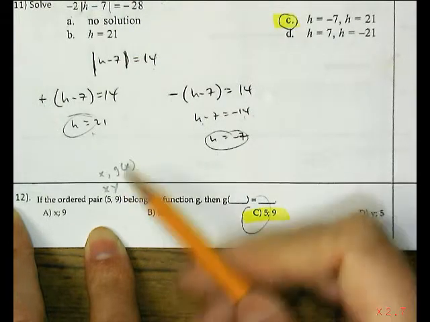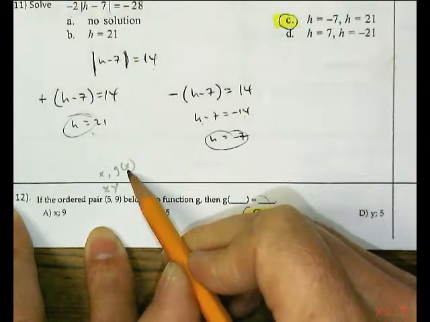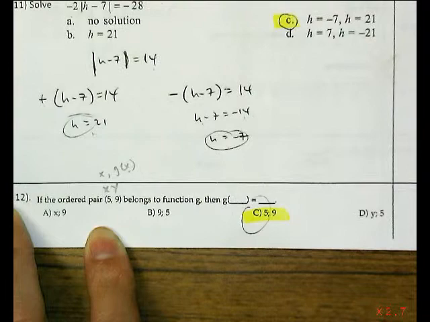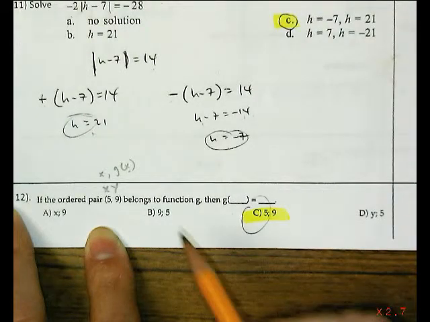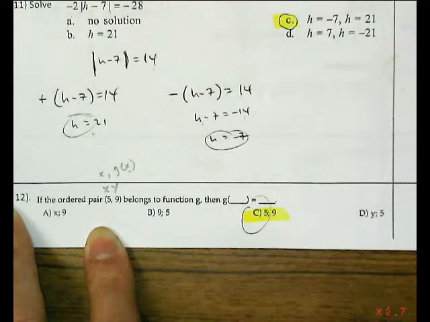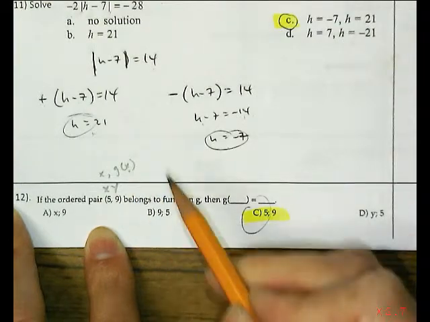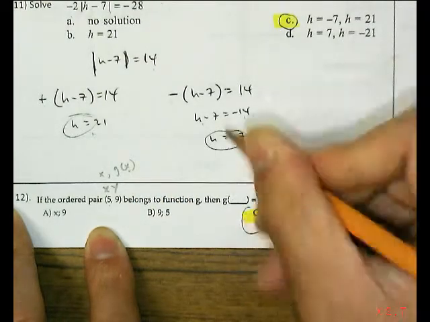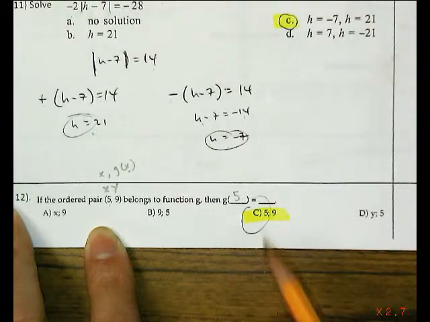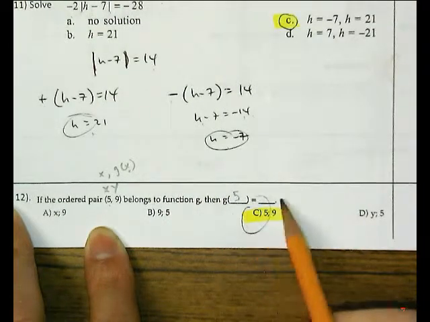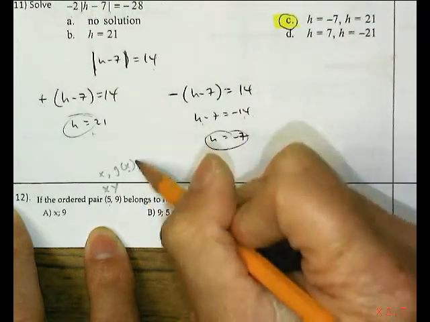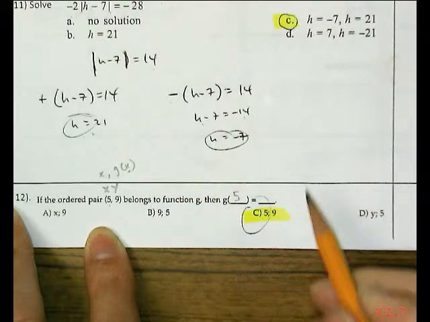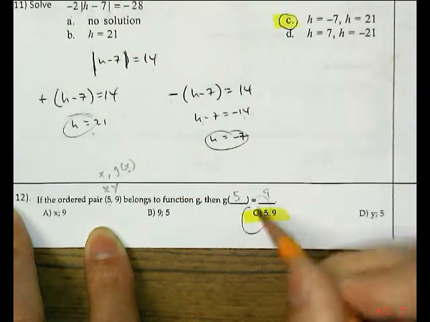Now in function notation, inside the parentheses is your x value, and then your g of x represents your y value. So your x value in this case is 5, so 5 goes in here. Now all of this is equal to your y value, so the y value is 9. So 5 and 9.